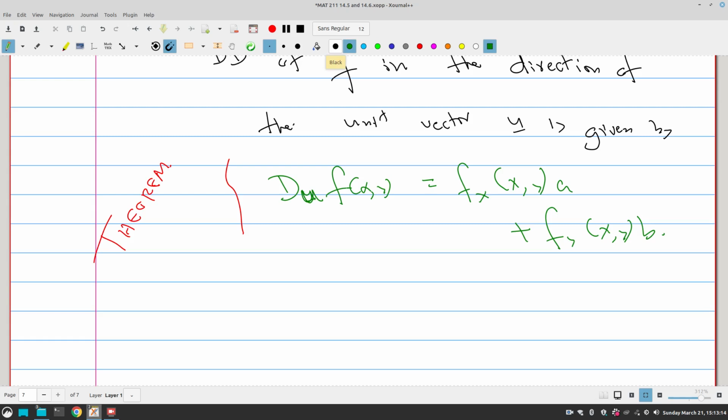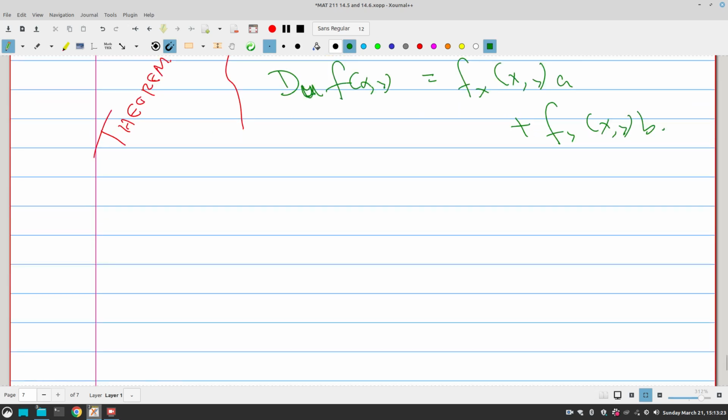Okay, so we start the proof. This proof is actually given in Stewart's calculus. Let us define a function g of h as f of x naught plus ha and y naught plus hb.